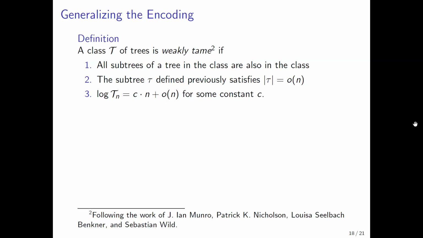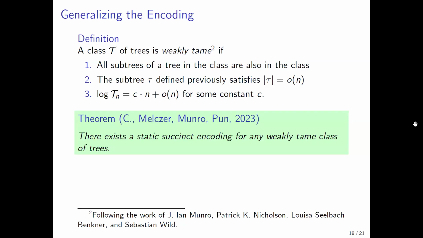And I guess we show that if a class of trees satisfies these properties, then there exists a static succinct encoding for one of these trees. And I use the word static because although you can encode and decode somewhat efficiently in the number of nodes, if you want to insert a node or delete a node, you would have to basically throw away the tree and start over from scratch.